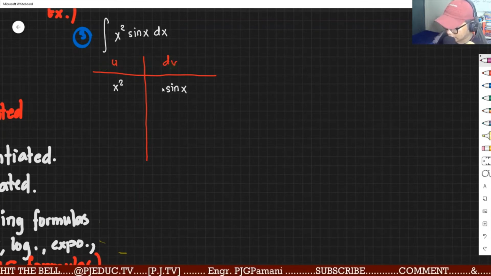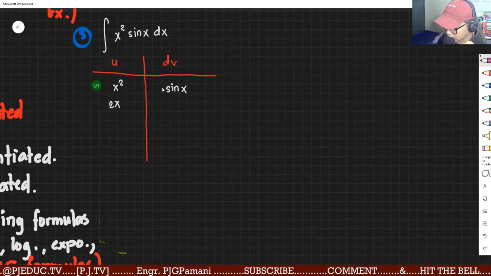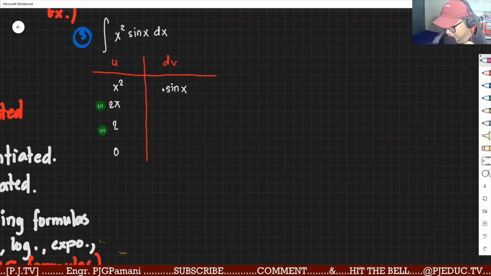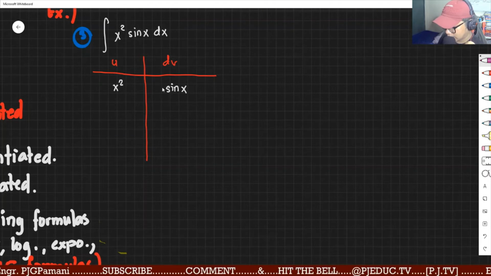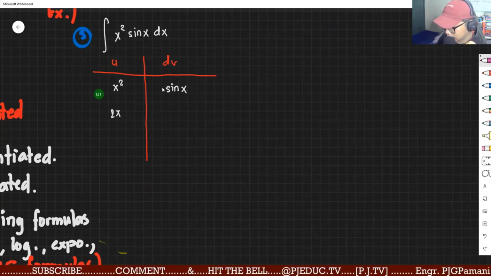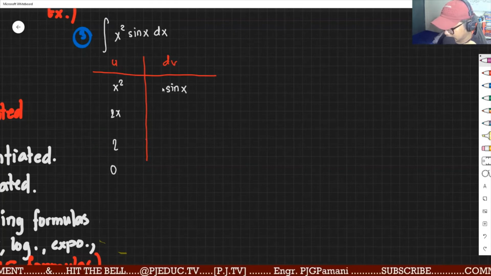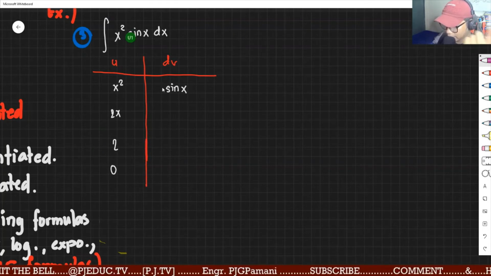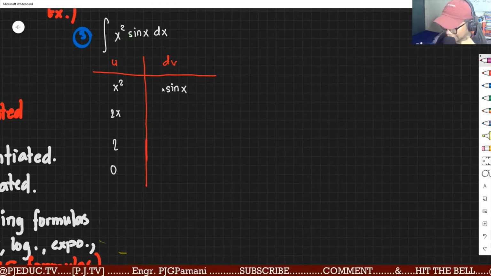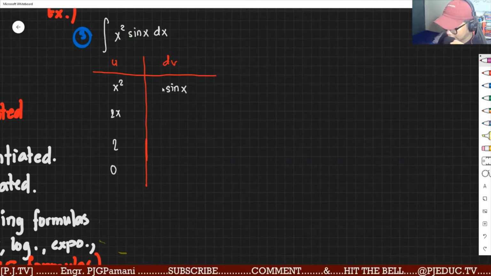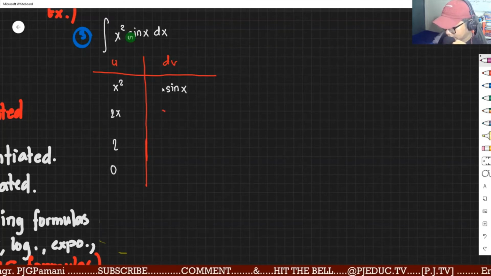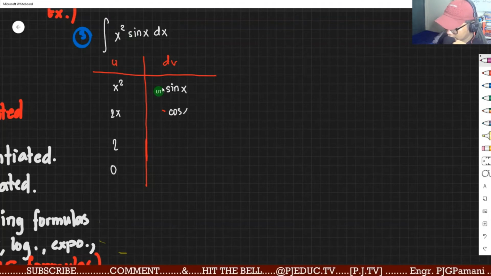Differential of x squared is 2x, then 2, then 0. We need 2x, then 2, and lastly, 0. Integral of sine x. Negative cosine x.